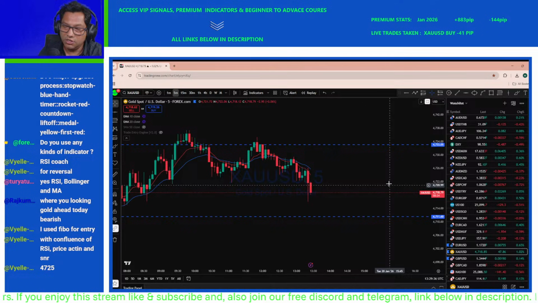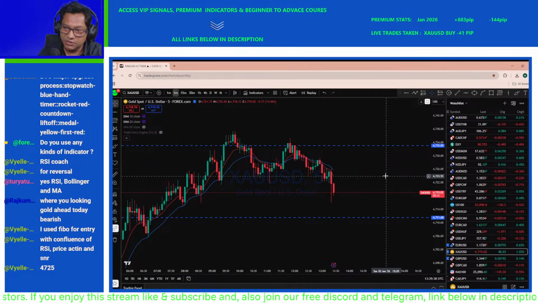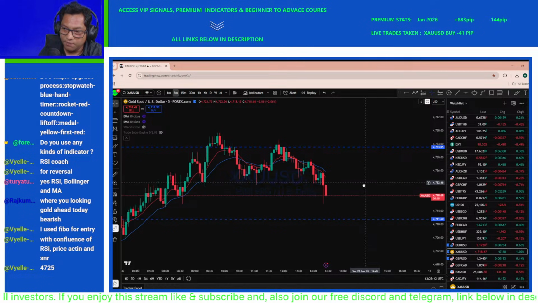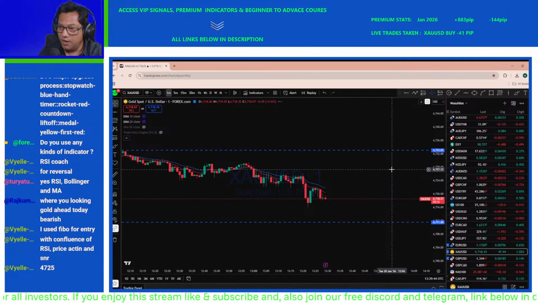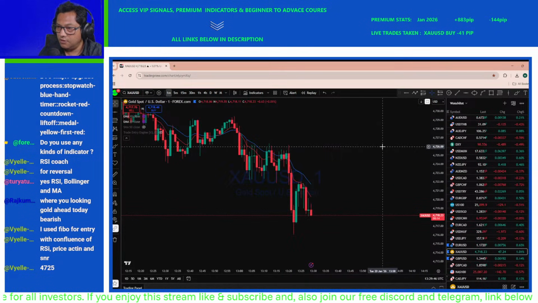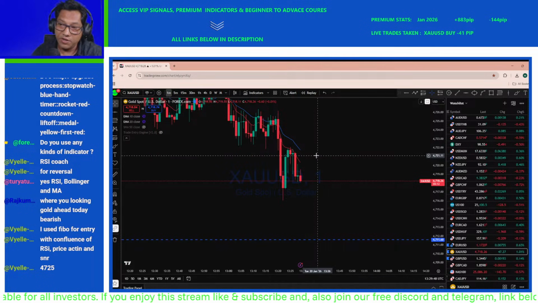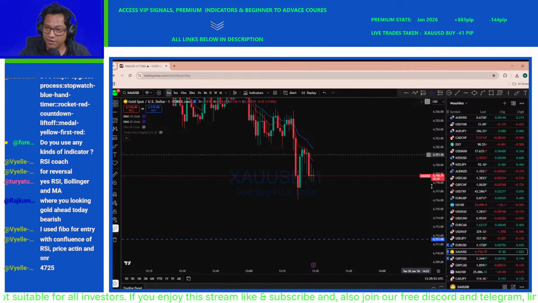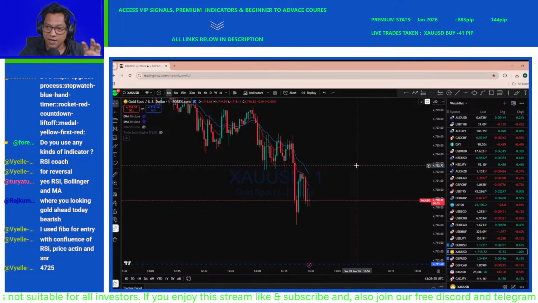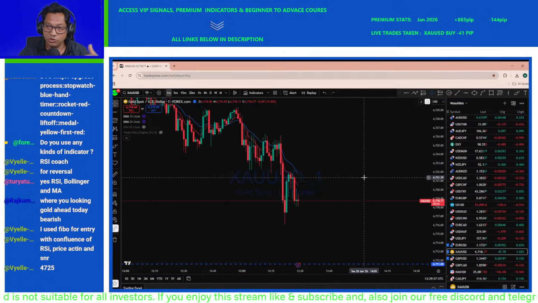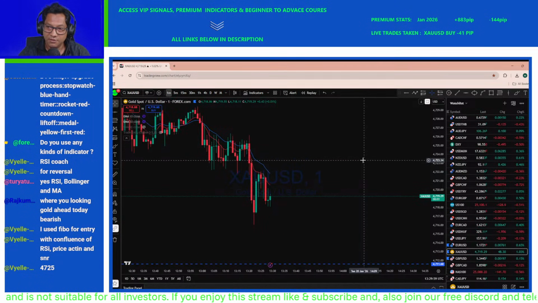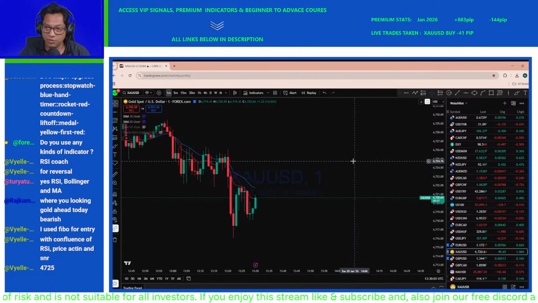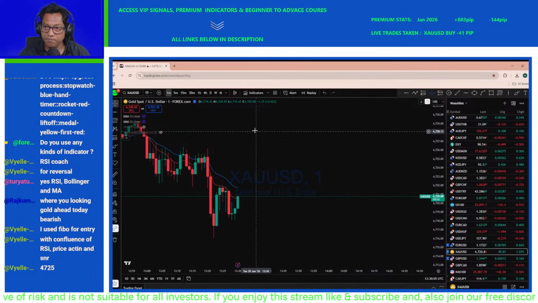The major trend is bullish. Here we can see a significant pullback, and the lower time frame trend, the 1 minute trend, is downside in that area. But at any point the market may have a potential reversal back to the upside to create a new higher high in the major direction.